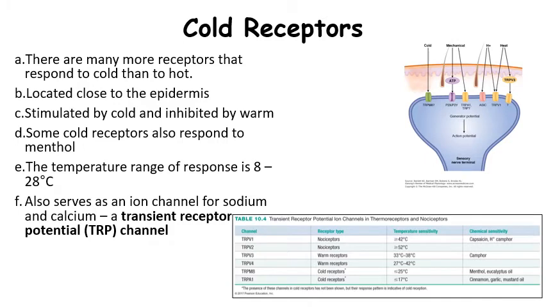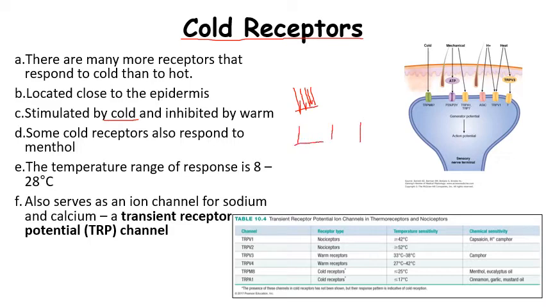So just under the skin, we also have cold receptors. The stimulus for them is cold on the skin. They're going to be stimulated by cold, so that when cold hits, the frequency of action potentials in that sensory neuron is going to be much more frequent. With warm, the frequency of action potentials is going to be much more drawn out.